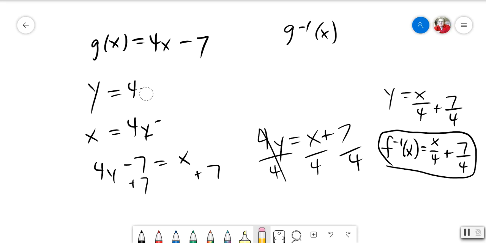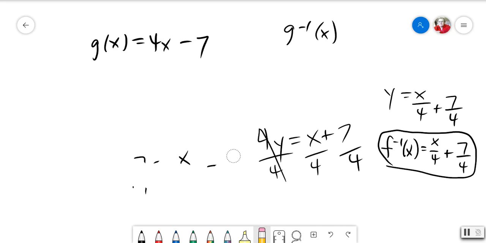Let's prove that that is the correct inverse function for this. Let's erase. I just now realized I wrote f. I should use g because I'm using g of x here. We'll fix that in a second. Let's get all this stuff erased.